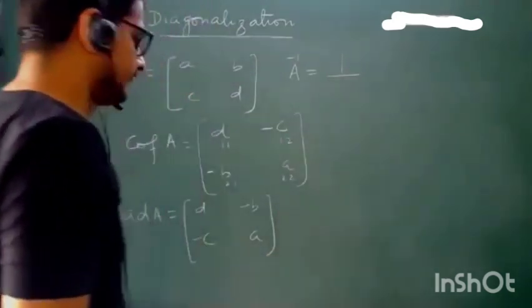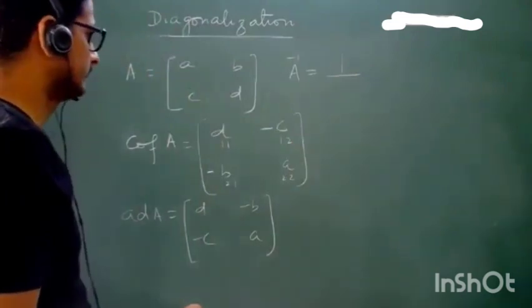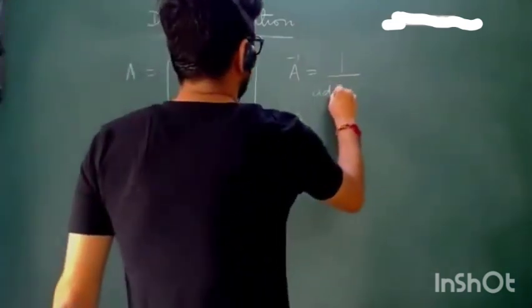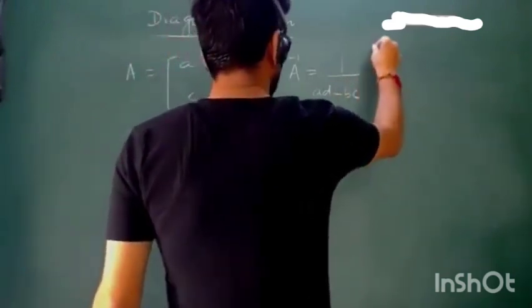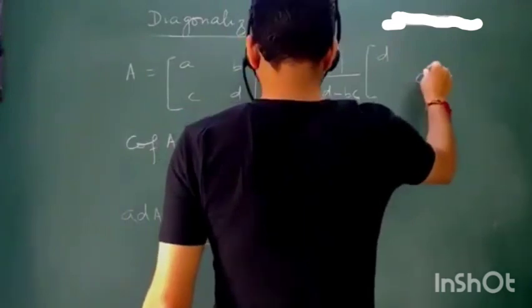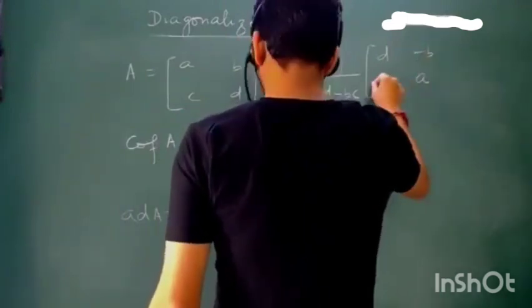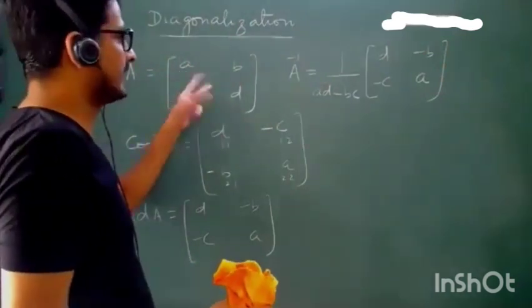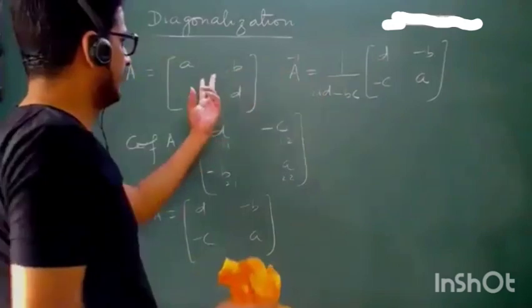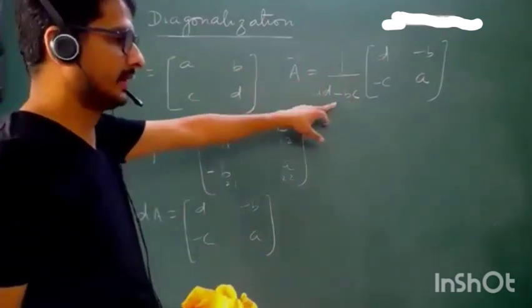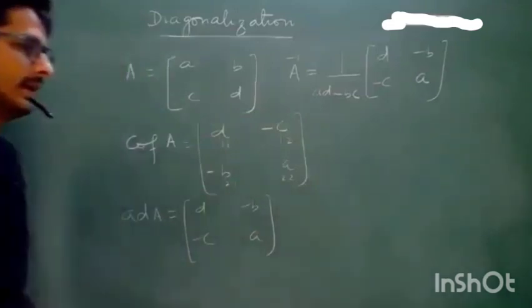So it will become the adjoint of A divided by ad minus bc, into [d, -b; -c, a]. So this becomes the formula. You see, a and d are just swapped, and b and c got a negative sign, and the determinant value in our case was 1. Otherwise you have to put the determinant value. Correct?